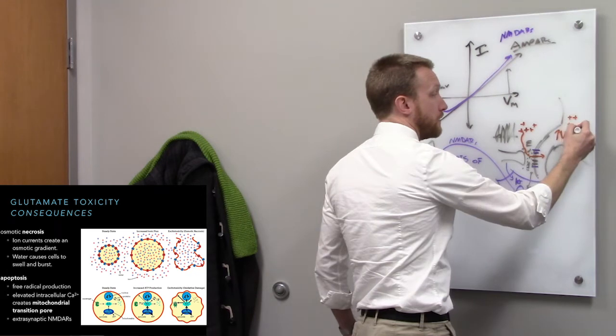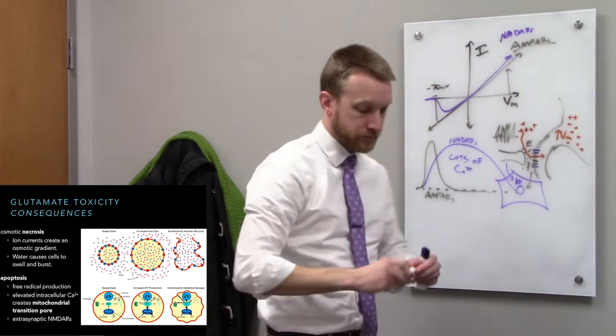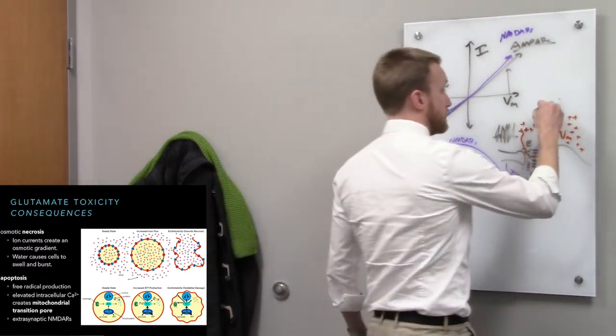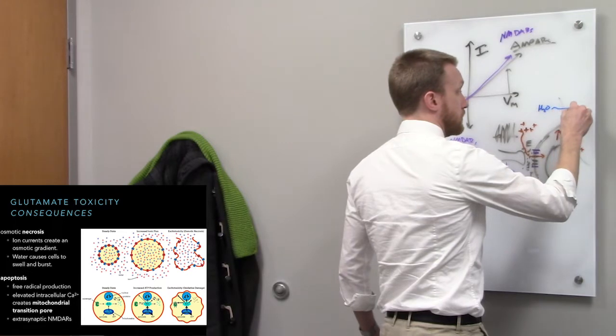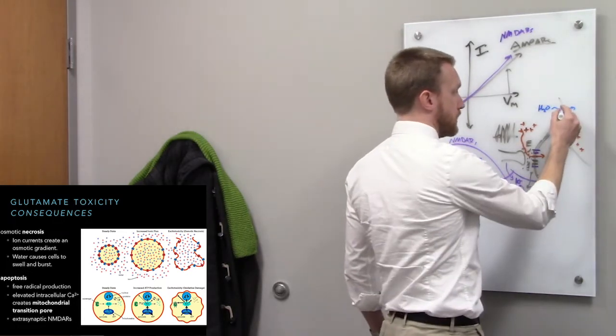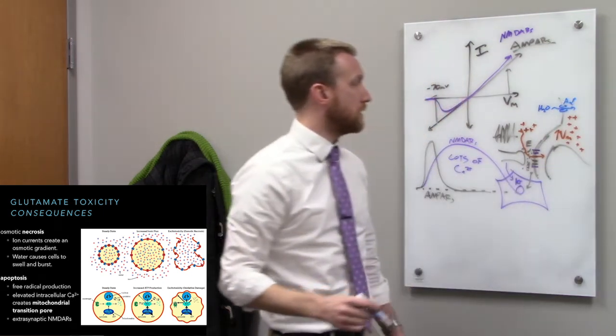Now as we have an increase in ion concentrations, osmosis is going to occur. So water is going to follow the movement of ions. Of course, this will go in through aquaporins. Those are just water holes, that's all that means.